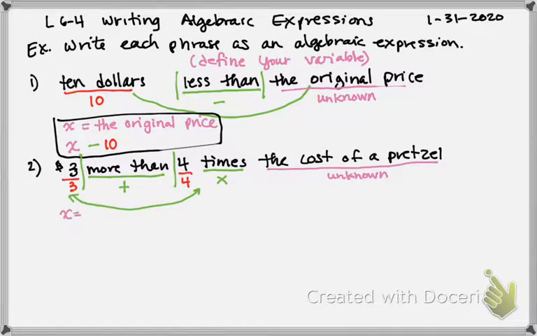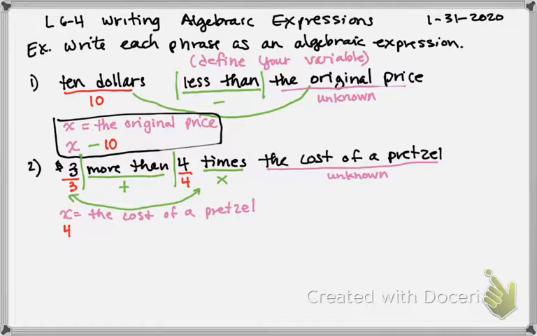So we have x is the cost of a pretzel. Then we translate. 4 times the unknown. Numbers are red. 4 times, and here's the interesting thing.